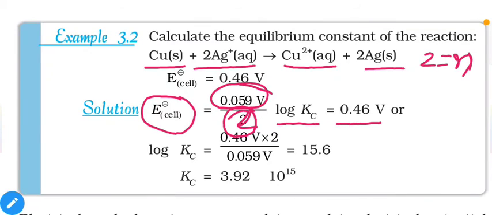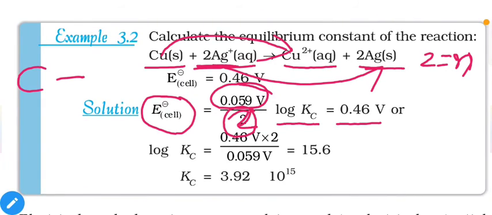In this case, copper oxidizes, so copper will be our anode, and silver is reduced, so silver will be our cathode. So take the reduction potential value of silver, which is the cathode, minus the value of copper, which is the anode, and you will get the value mentioned here, 0.46 volt. So it is our standard cell potential.